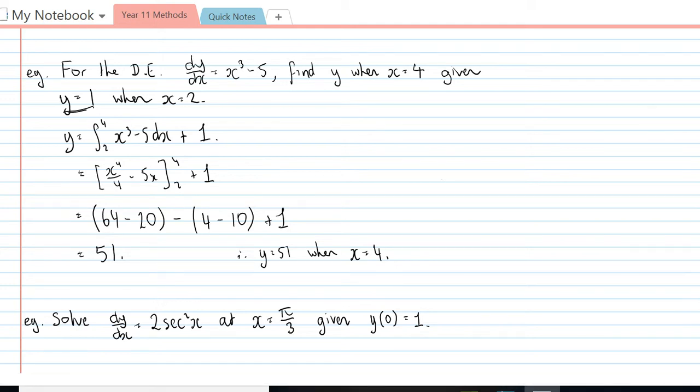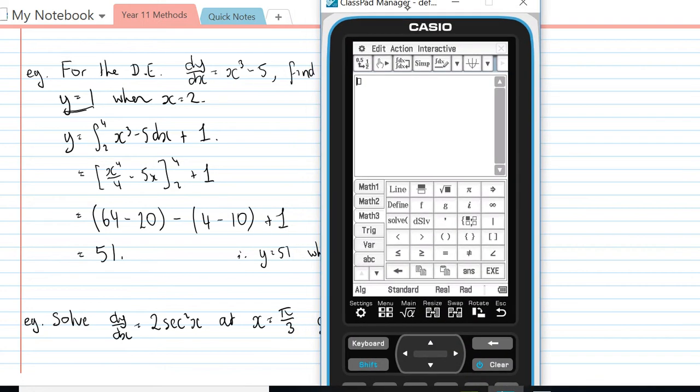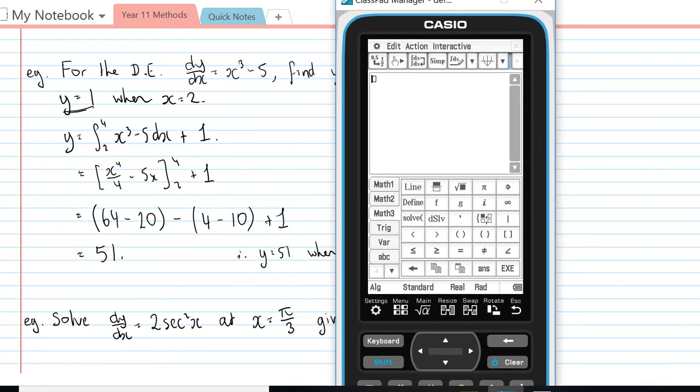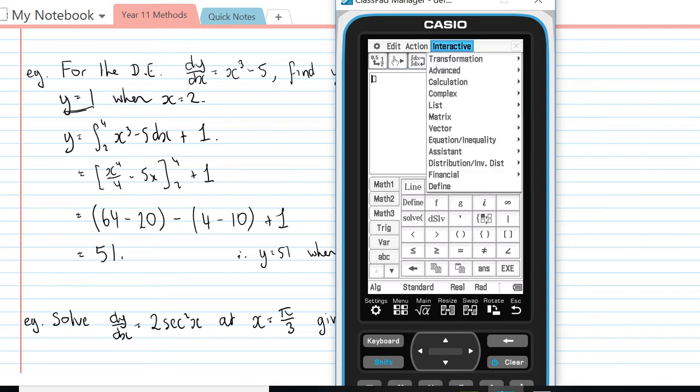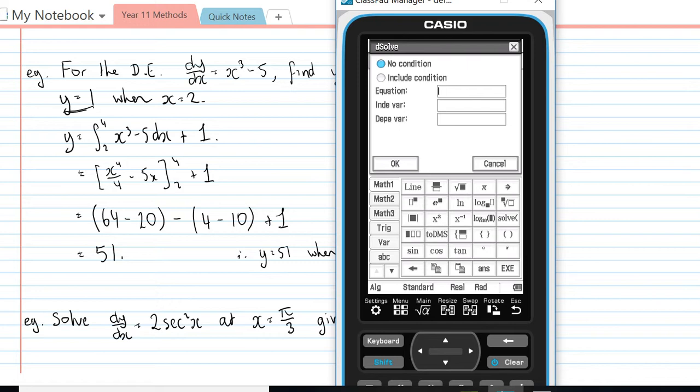Now we could of course also do this using the calculator. If we go through how to do that just quickly, I'm going to solve a differential equation, so dSolve. The equation is y dash equals x cubed minus 5, independent variable x, dependent y, and I'm going to include the initial condition that y of 2 is equal to 1.